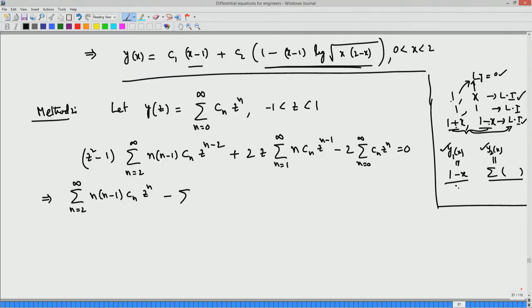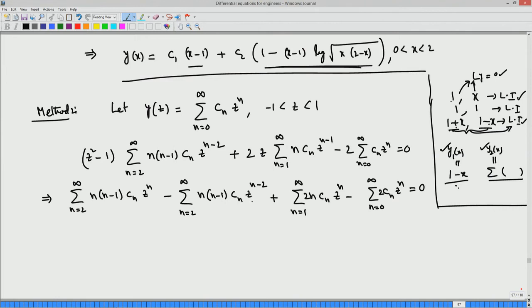So, I have minus sigma n from 2 to infinity n into n minus 1 C n z power n minus 2, plus 2 sigma n from 1 to infinity n C n, so you can write 2 inside, 2 n C n z power n, minus 2 sigma, here also n from 0 to infinity 2 C n z power n, which is equal to 0. You see that all the powers are z power n except here.